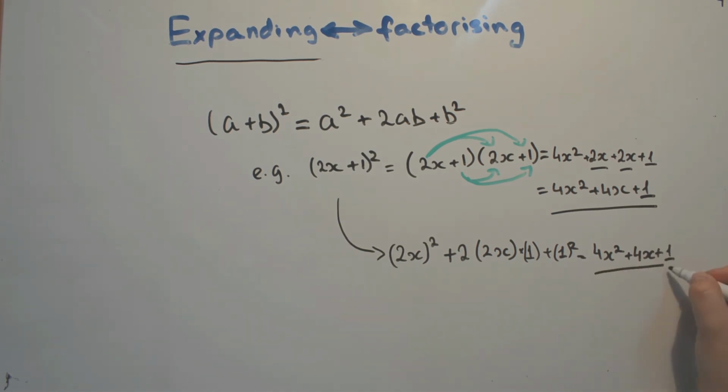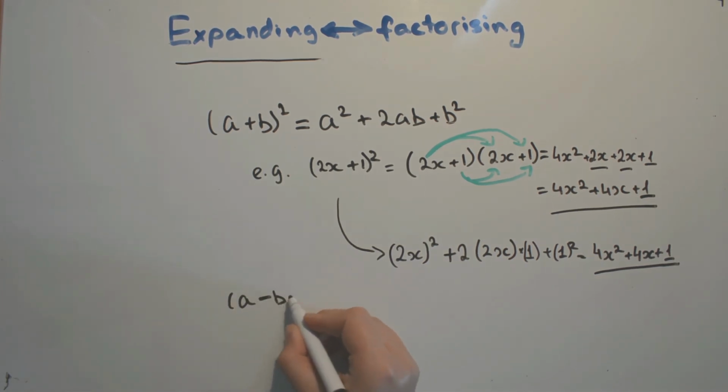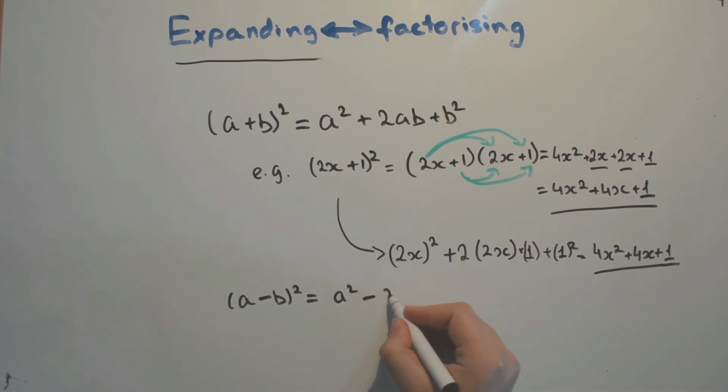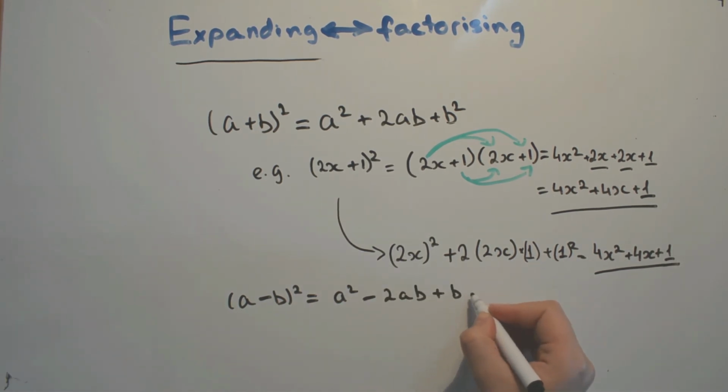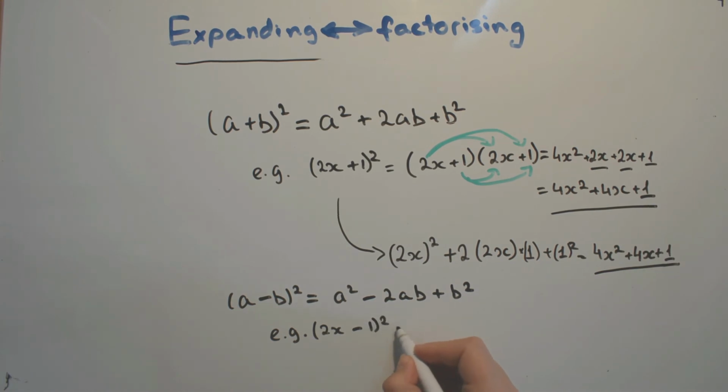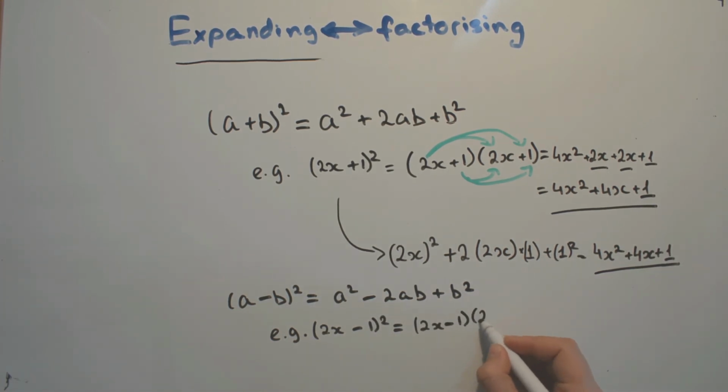Okay, so this rule is very similar if you have a negative sign, so it's a minus b all squared. The expansion is almost the same apart from minus 2ab and not plus. Okay, so our example is going to be 2x minus 1 all squared. It's exactly the same as before, just with a minus. So I'm gonna do it the same way.